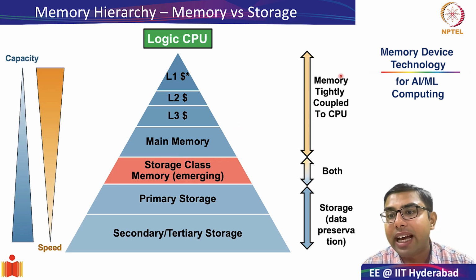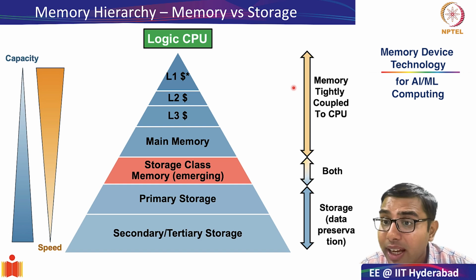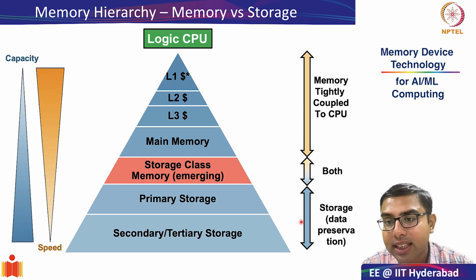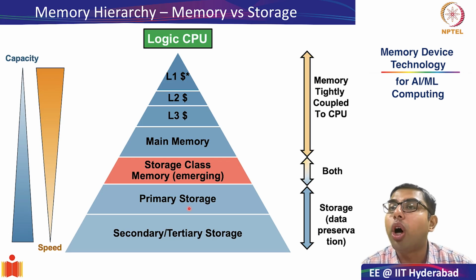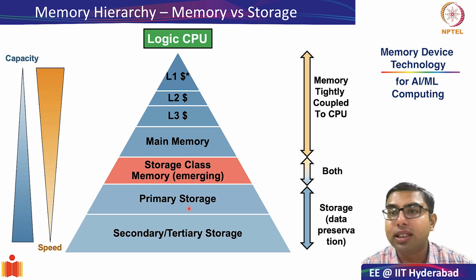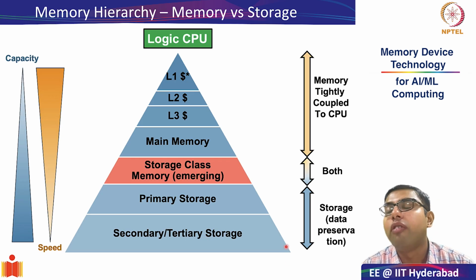So, as I have indicated through these arrows, the L1, L2 and L3 caches and the main memory can be classified as memory, which is tightly coupled to the CPU, whereas from primary storage onwards, which is made up of flash cells, and then the secondary and tertiary storage, which consists primarily of magnetic tapes, is for storage and data preservation.